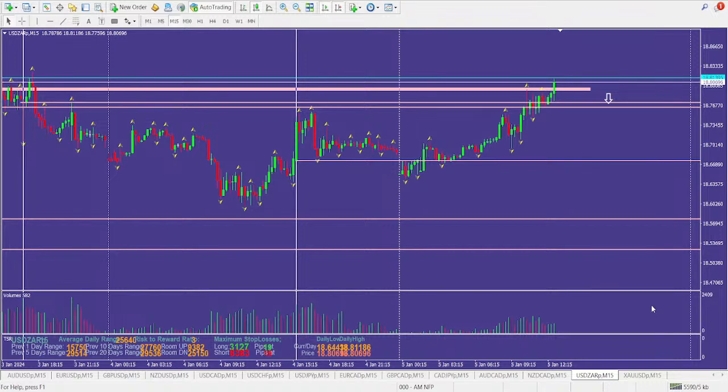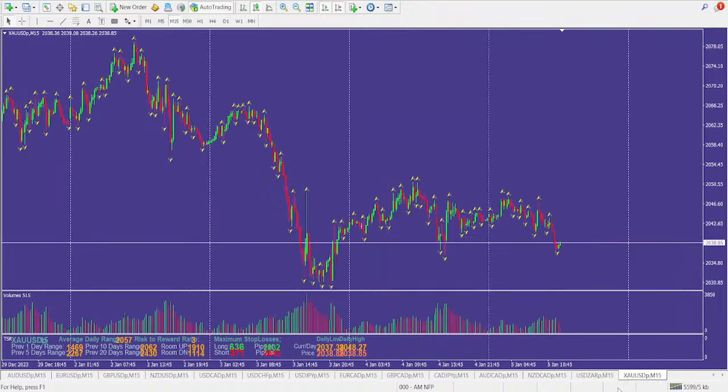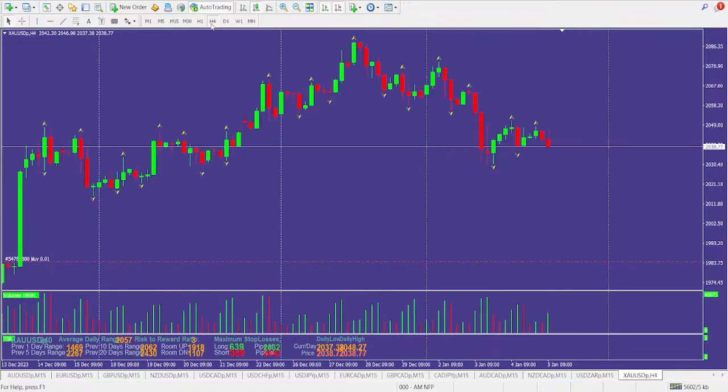Next and final one we'll look at is gold. So gold, starting on the 4-hour time frame, we have a potential level over here, which is a potential demand level, and a potential supply over there.